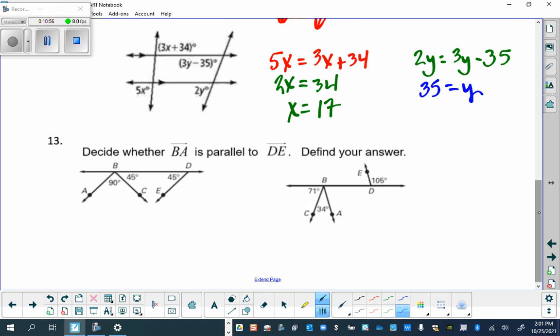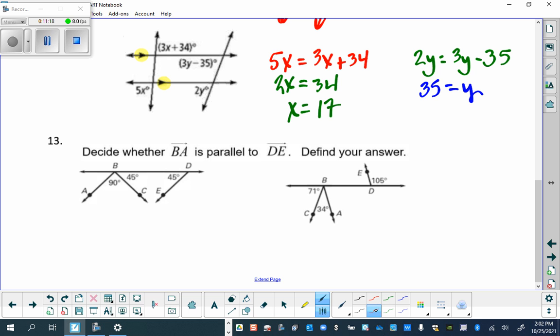All right, decide whether BA is parallel to DE. This is where we start talking about the converse. If you're told that the lines are parallel, either given in the diagram or somebody says the lines are parallel, then you can count on these angle relationships.